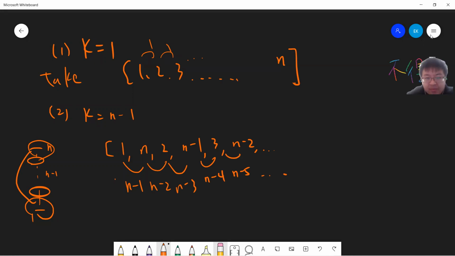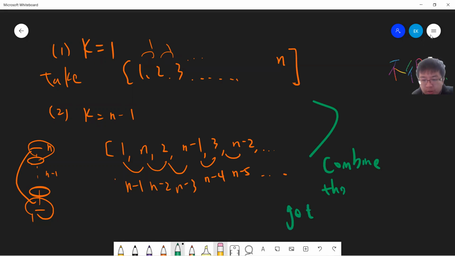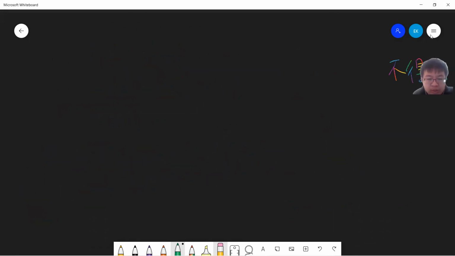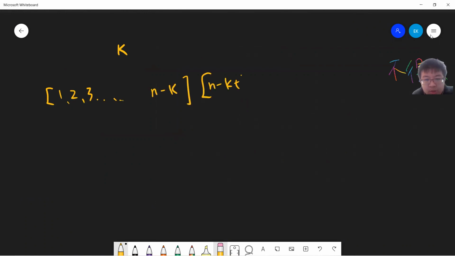Okay, so we can just combine these two and get a general k. Let's do the mathematics. Somebody gives you a general k, and the easy way is to go 1, 2, 3, up to n minus k, and then separate the rest, n minus k plus 1 up to n.